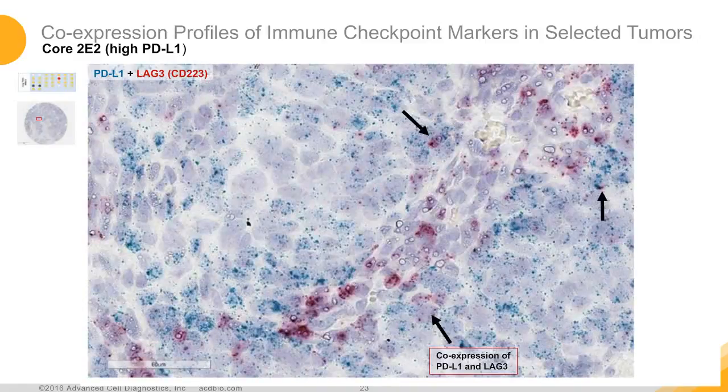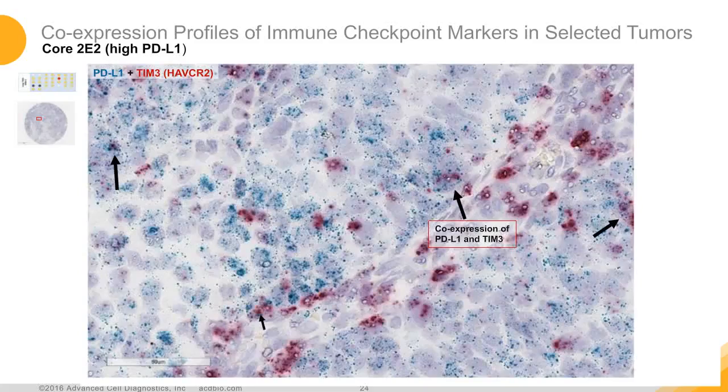Similarly, co-expression of PD-L1 and LAG3 is observed here, where we see PD-L1 expression again primarily in tumor cells, while LAG3 is found in the lymphocytes, again in the stromal region. And finally, we observe co-expression of PD-L1 and TIM3, where we see PD-L1 expression predominantly in tumor cells and TIM3 expression on lymphocytes.